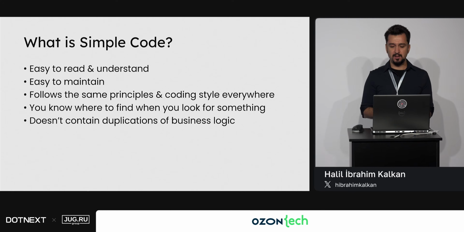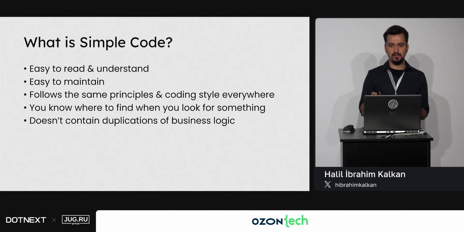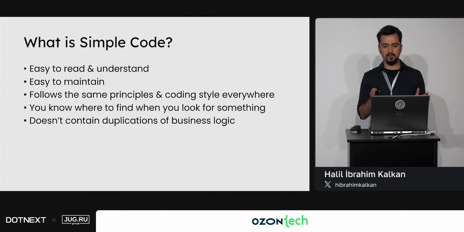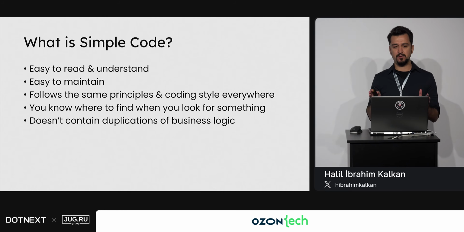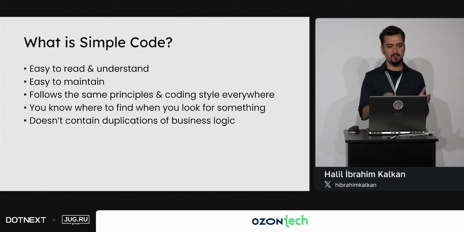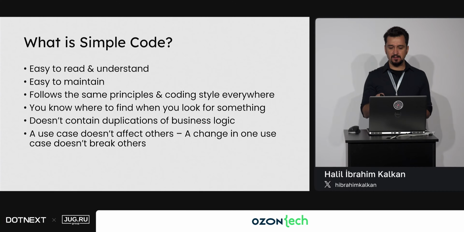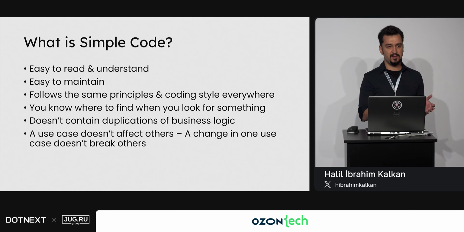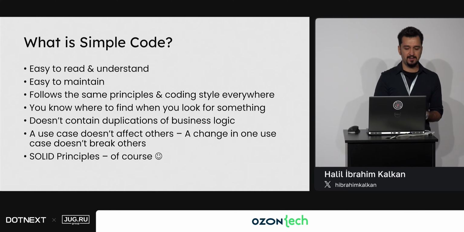It doesn't contain duplications in business logic especially. Of course, it can contain some duplications for use cases. However, your core business logic shouldn't have duplications. Otherwise, you change one place and forget the other place. And a use case doesn't affect others. So when you change a use case, it doesn't break other use cases, and it follows SOLID principles, of course.